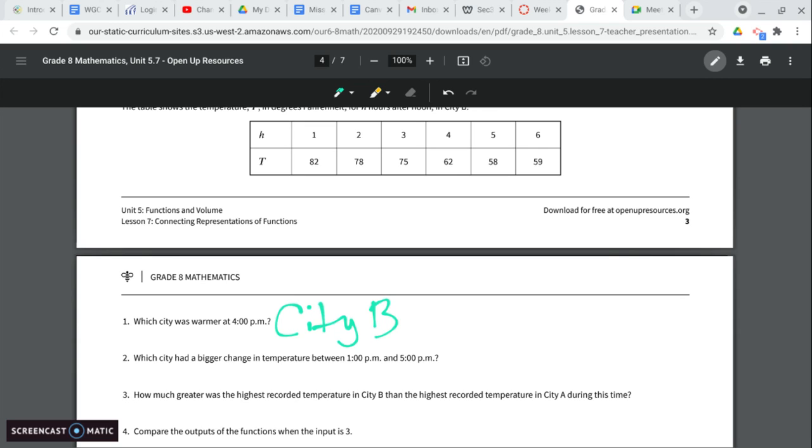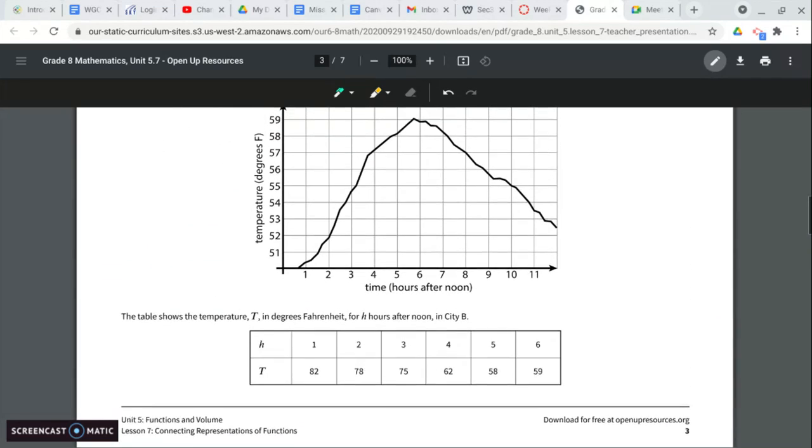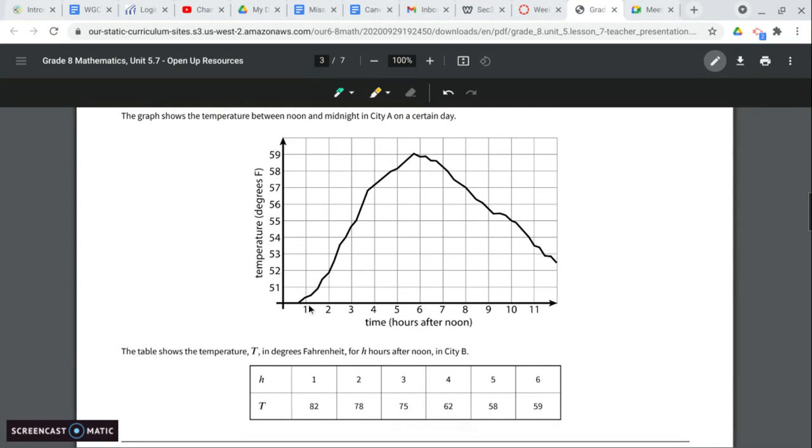All right, our next one. Which city had a bigger change in temperature between 1 and 5 p.m.? So let's take a look from 1 to 5. And so here we're at about 50.2. At 5, we're all the way up here at 58. So we'll say about 50.2 to 58 degrees.